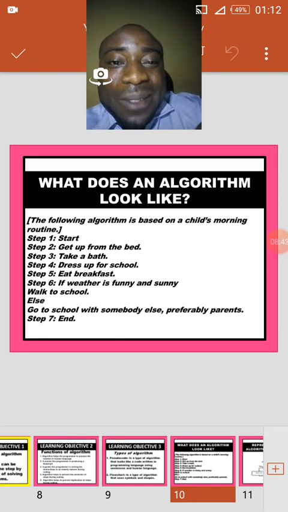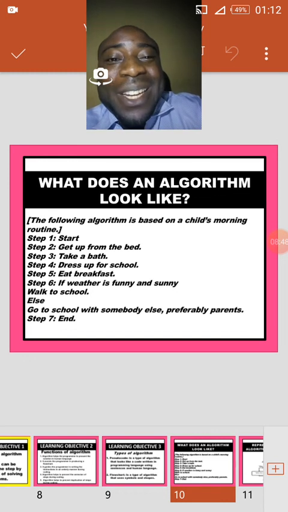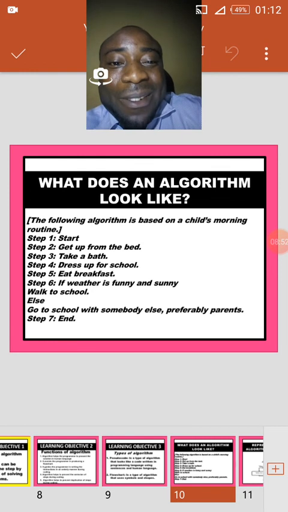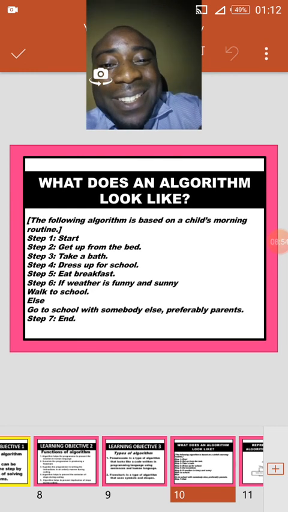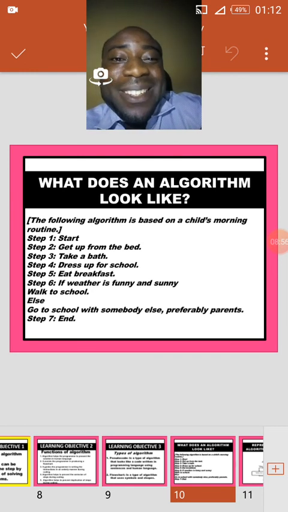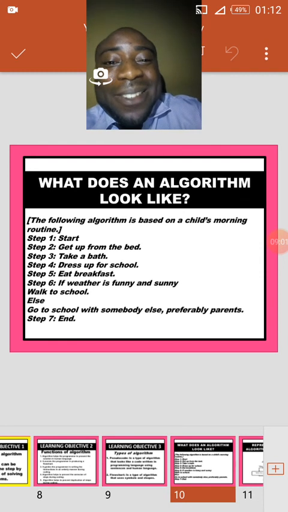Then step 7, end. As you can see, all the activities in the daily routine of a child are written in a written statement, and that is what we call algorithm. And this particular one is called pseudocode.